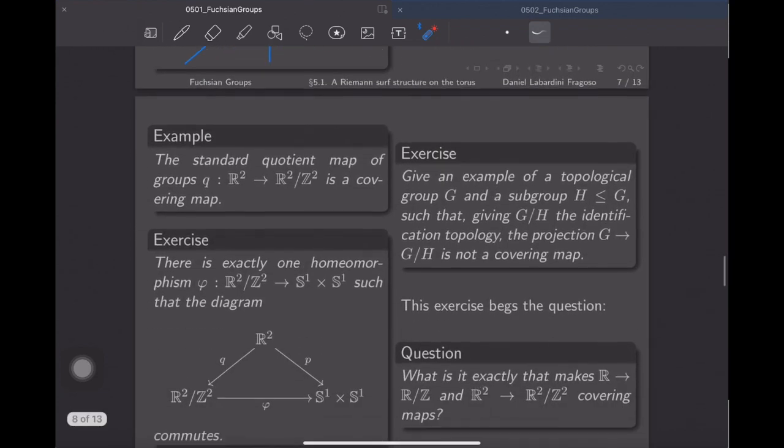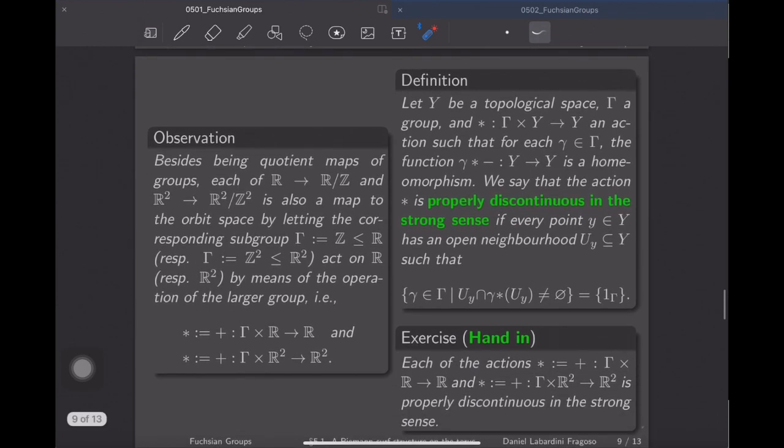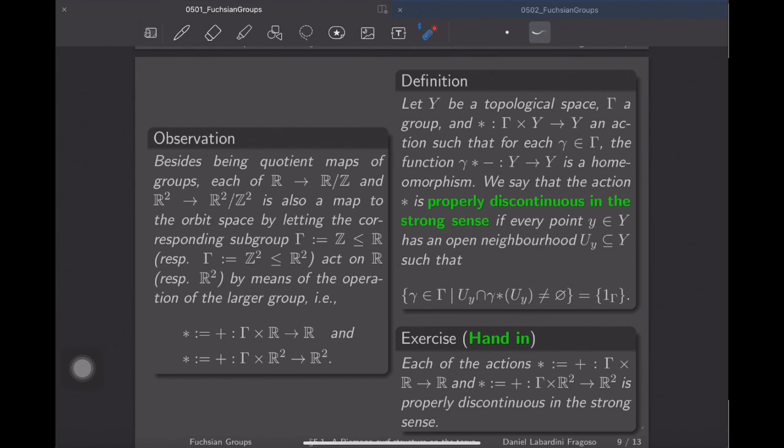And the reason behind the natural map from the complex plane to the torus being a covering function is that such natural map is the projection, well, not only to a quotient by a subgroup, but actually to an orbit space, where one interprets the subgroup as acting on the space through its operation, the operation that makes it a group, and that when one thinks in those terms, the corresponding action is properly discontinuous in the strong sense, right?